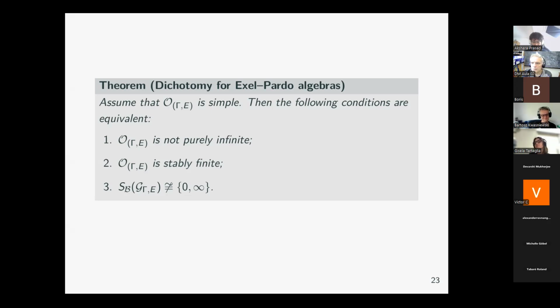For groupoids, the only characterization I know of pure infiniteness of the C*-algebra is locally contracting, which was defined by Anantharaman-Delaroche. I don't know any other characterization, but we do not relate this to the type semigroup, and we do not have an analogous result in the case of the type semigroup here. So I think this is more of an analytic question rather than one about the type semigroup.